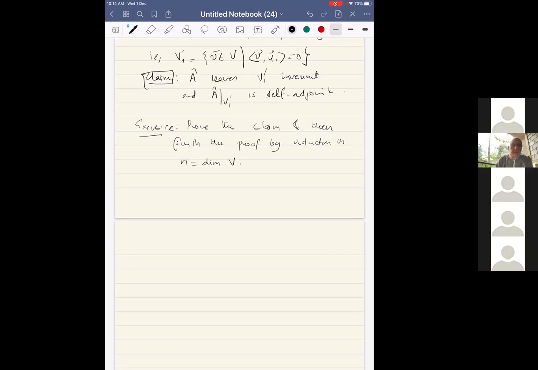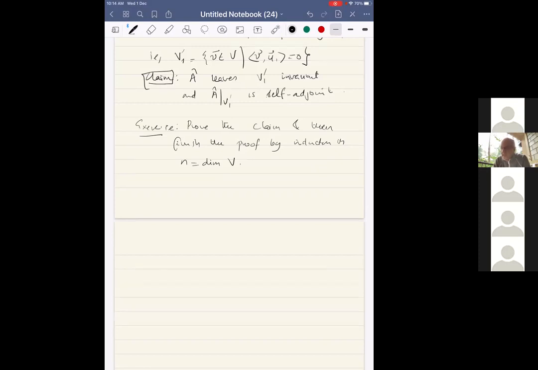So now you have a self-adjoint linear map on an n minus 1 dimensional real inner product space. By induction, you can assume there is an orthonormal basis of eigenvectors U2 to Un for V1 prime, and then add on U1, and you would have the proof of the claim.